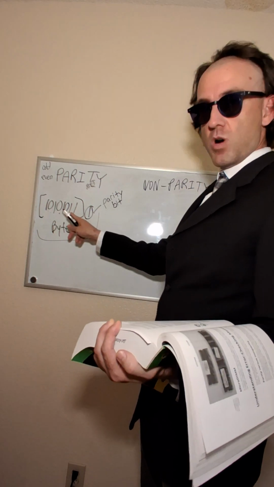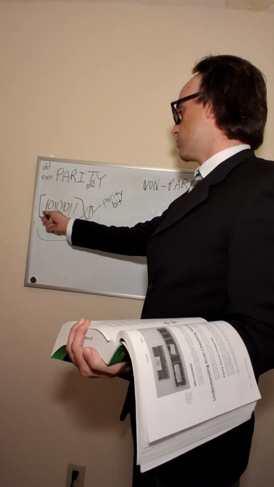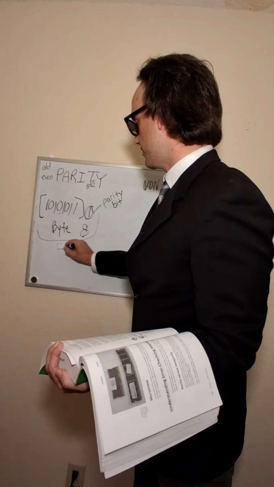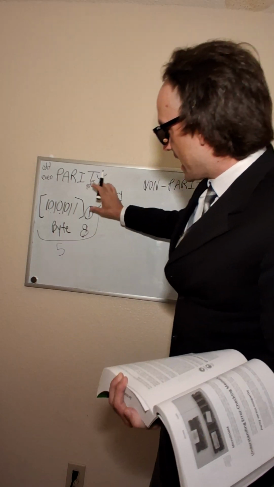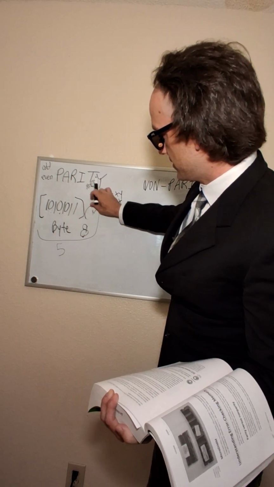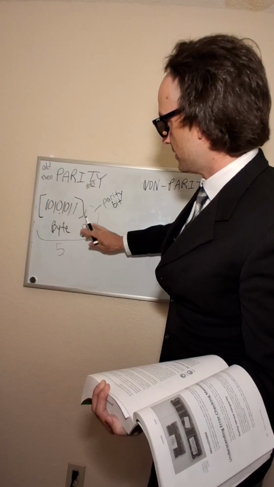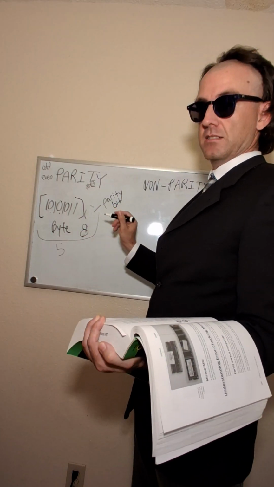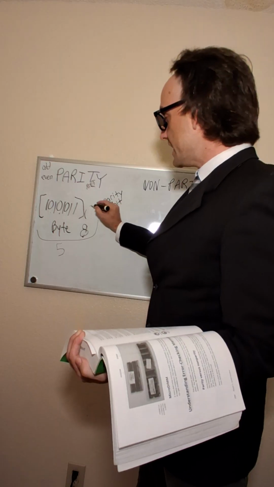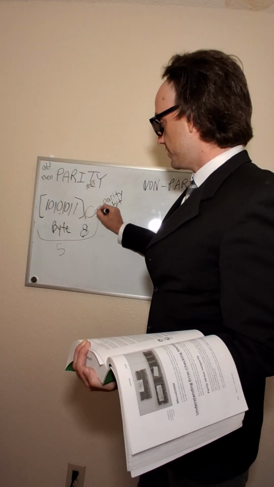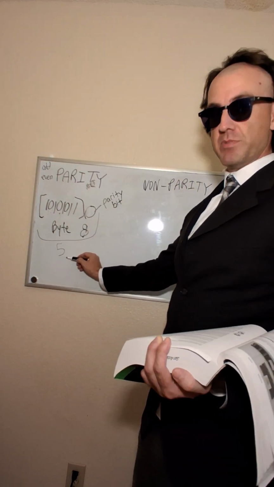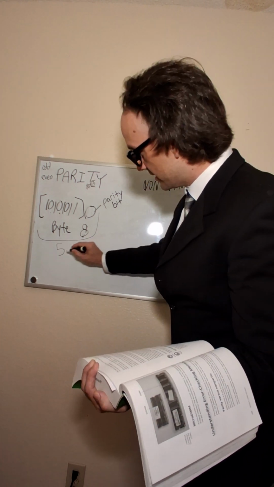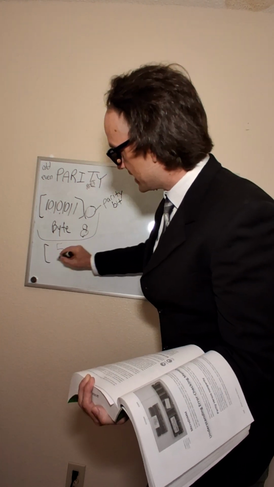That's 1, 2, 3, 4, 5. So that's 5, and then we have our parity bit. If we're having odd parity, then we'll leave this parity bit off because we already have an odd number.